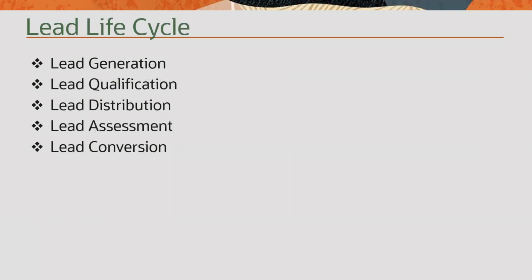So typically the lead life cycle will be like this. Leads will be generated, and after generating a lead comes lead qualification, some kind of determination of whether this lead is valid or not. And then after validating that, lead distribution, which means lead assignment.